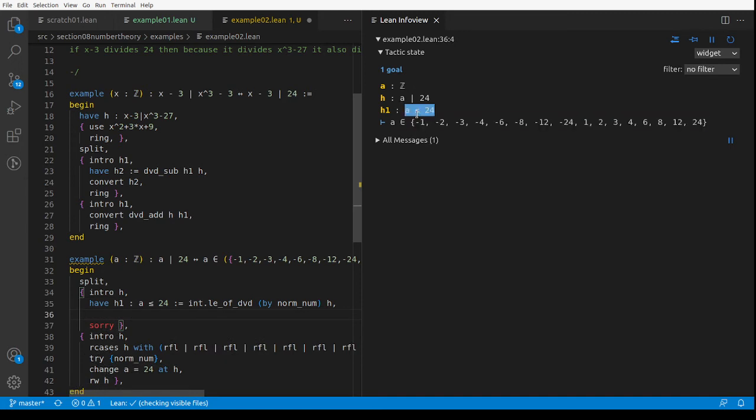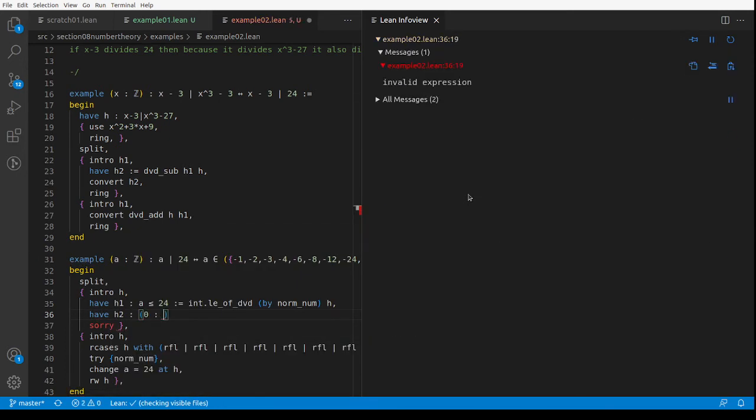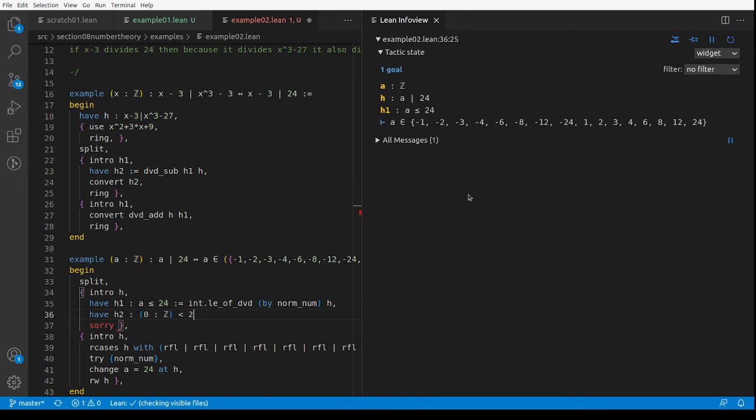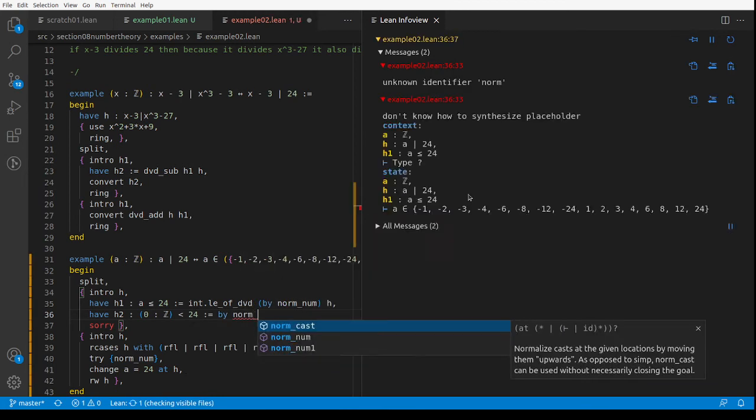So we've got a is less than or equal to 24, and now I also claim a is bigger than or equal to negative 24. I wonder if that's actually there. Let's have h2 back: 0, the integer, is less than 24 by norm_num.